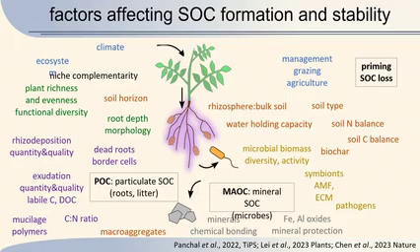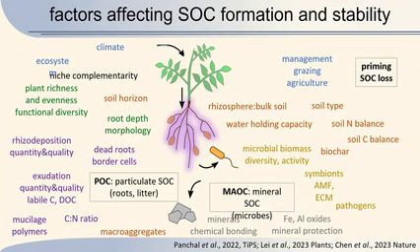This is by no means exhaustive, and it's also not a core competence of mine, so it's very well possible that your preferred factor is not on there. I would just like to mention a few of them just to give you an idea. So in general, soil organic carbon is affected by the type of climate we are in, the type of ecosystem we are in.